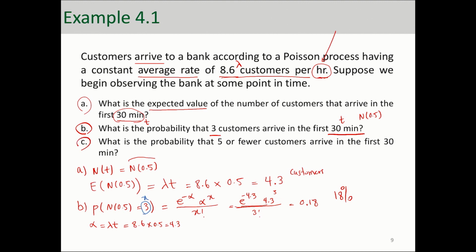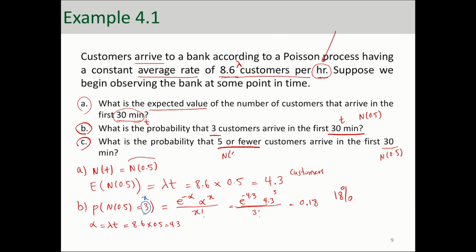Part C says, what is the probability that 5 or fewer customers arrive in the first 30 minutes? Again, the random variable is still N of 0.5 because t doesn't change. But you're asked to calculate 5 or fewer.